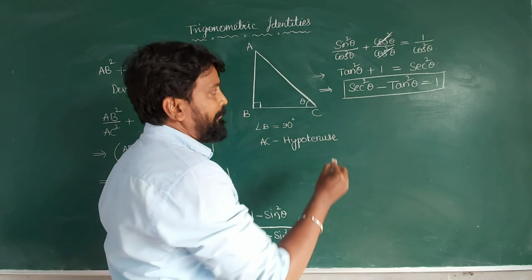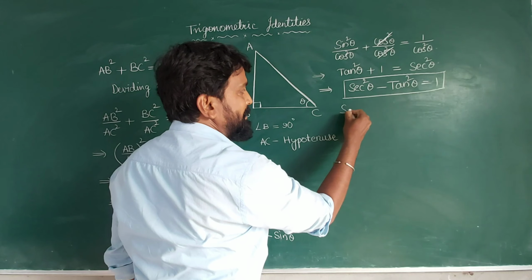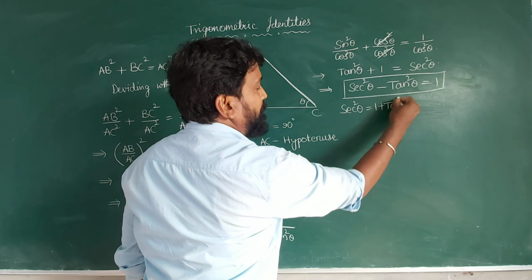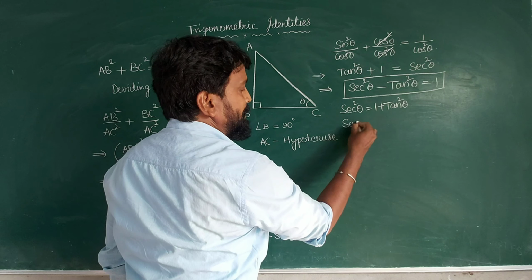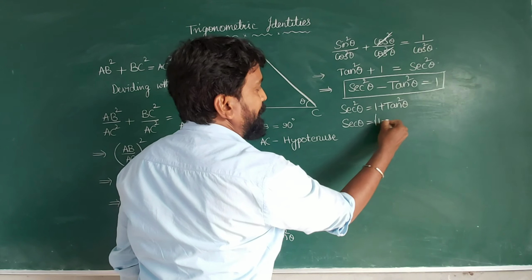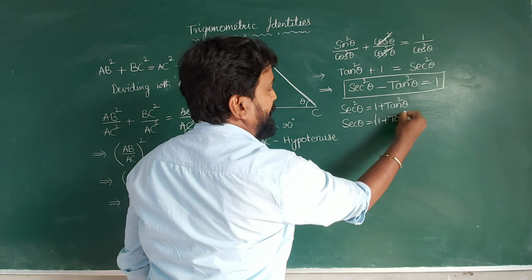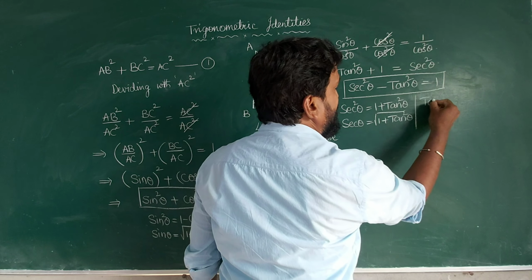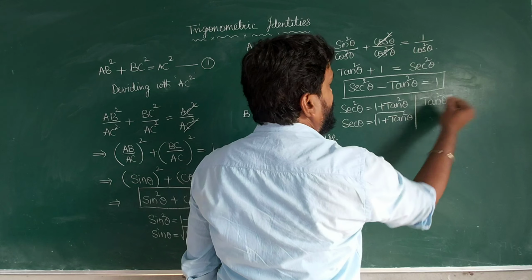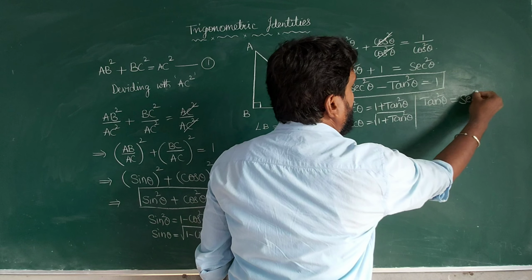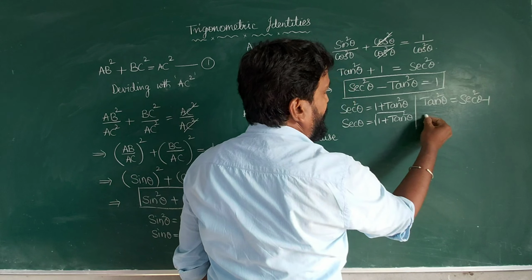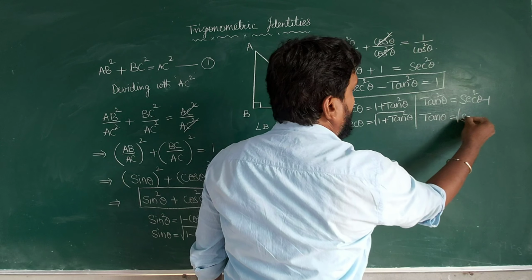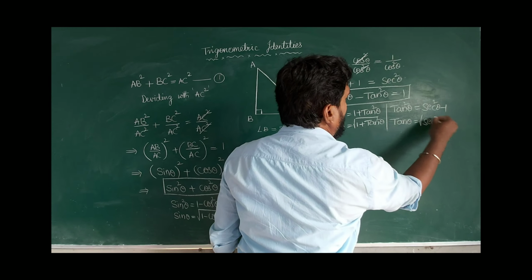From this you can write four more formulae, that is sec square theta is equal to 1 plus tan square theta and sec theta is equal to square root of 1 plus tan square theta. Now tan square theta is equal to sec square theta minus 1 and tan theta is equal to square root of sec square theta minus 1.